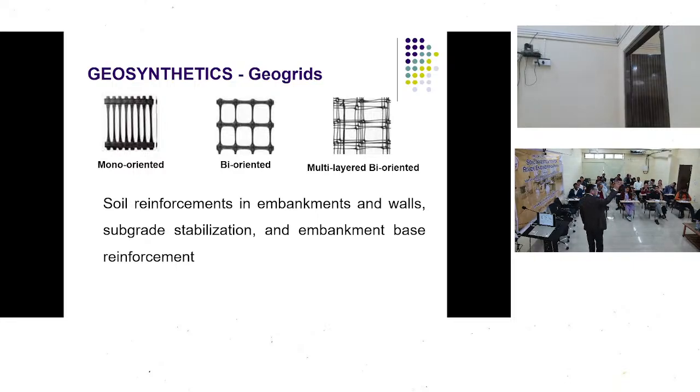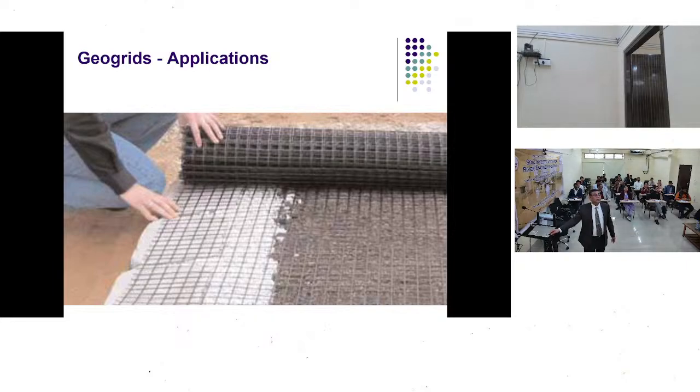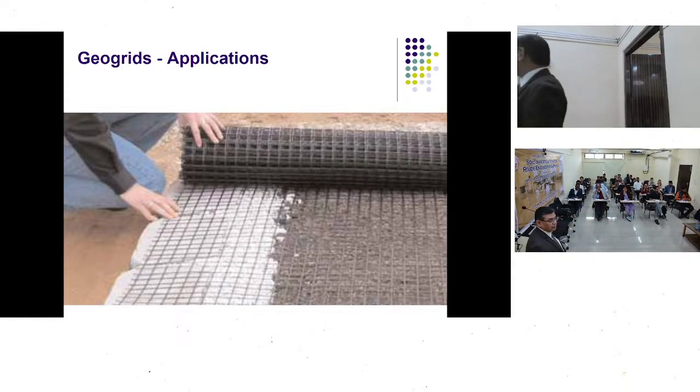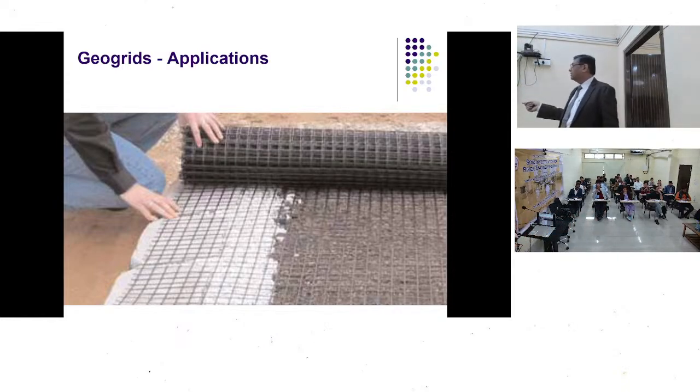So even if I go in for a mono-oriented geogrid, this will be fine as a reinforcement element in the embankment. And how am I going to put this geogrid into it? Because it's going to act through friction, this is how it's being laid. You have a normal type of geotextile, some granular material, and the geogrid on it.